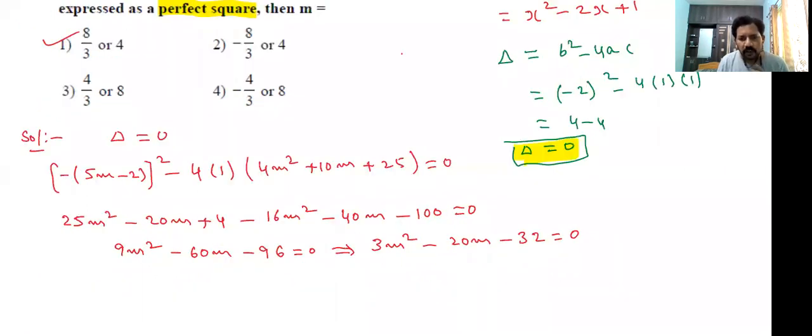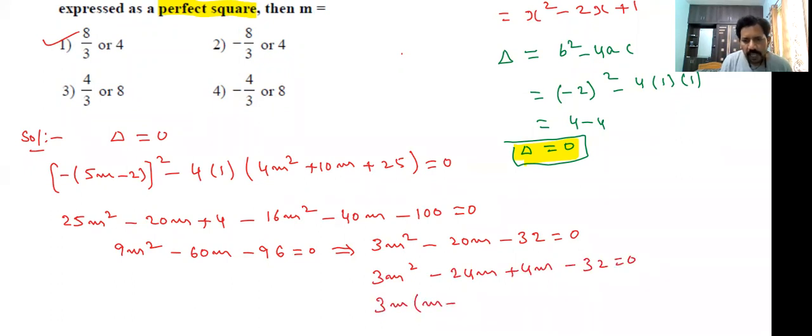Here factors wrong. Now these are correct. 3m square minus 24m plus 4m minus 32 is equal to 0. Now 3m take common, we get m minus 8. Next 4 common, we get m minus 8 is equal to 0.